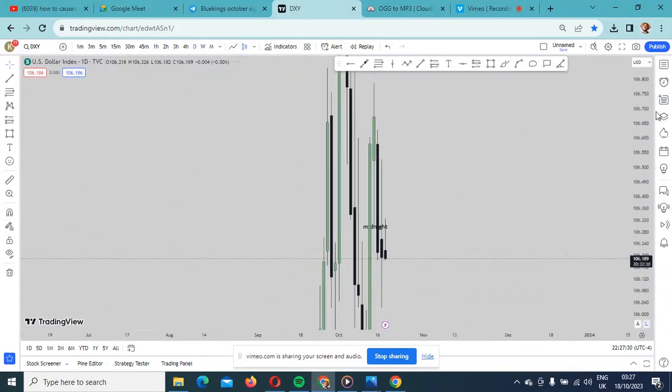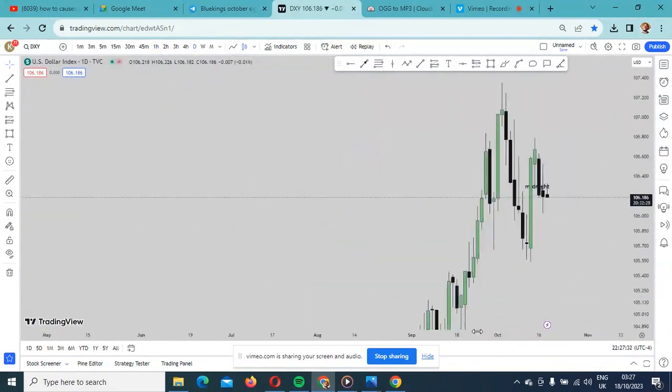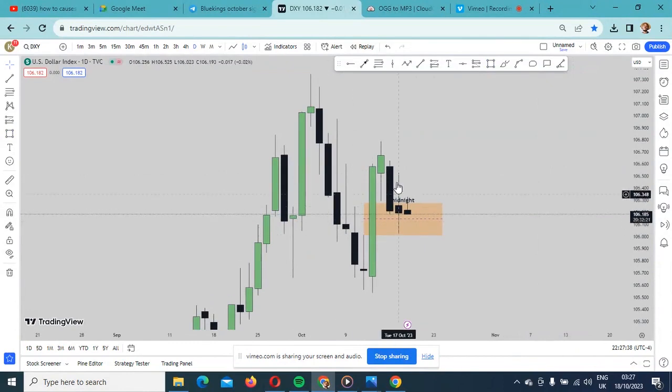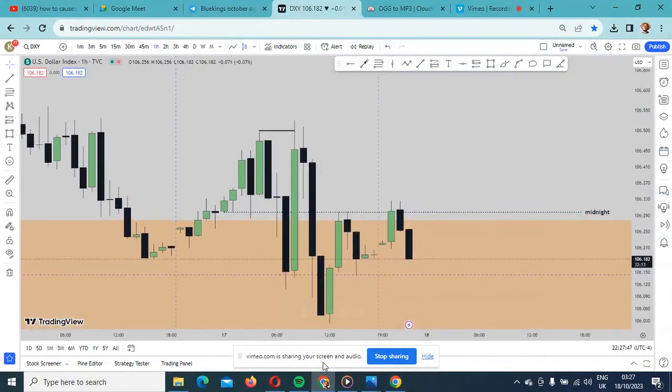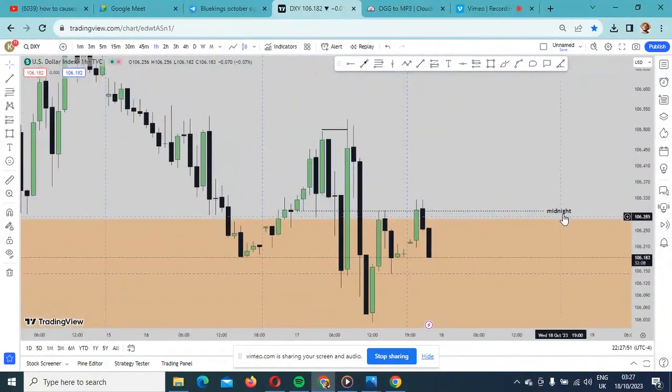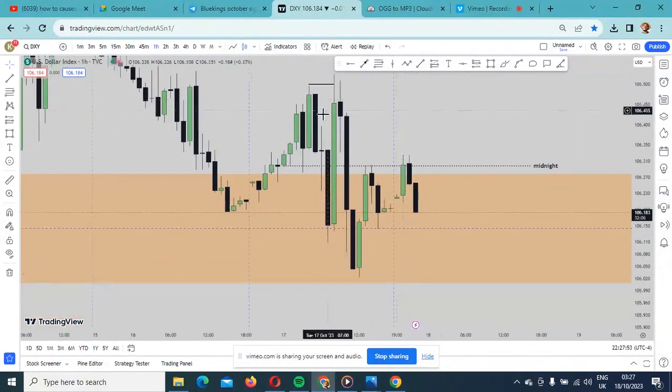Let me draw the DXY daily time frame properly. The same thing that happened on EU happened on DXY, but inverse. Price entered this FVG on this thick candle and was almost failing it. So price went up, went above midnight premium, cleared this high and started dropping.